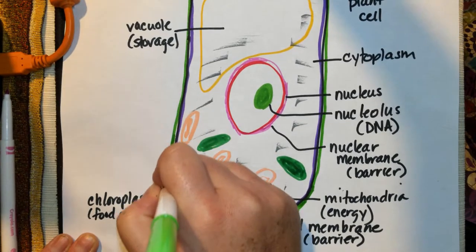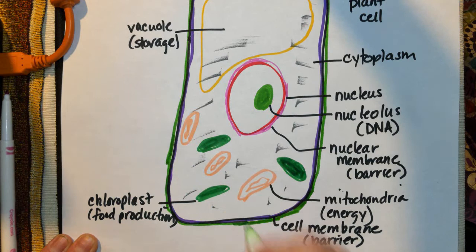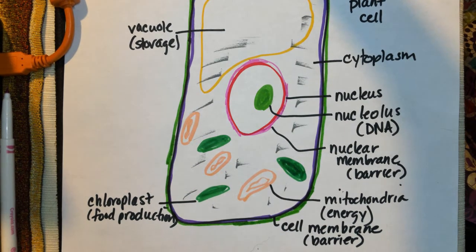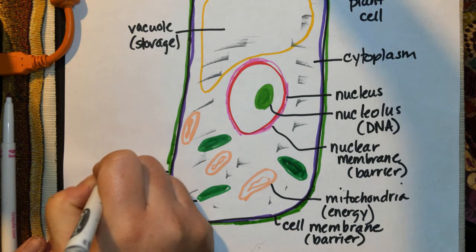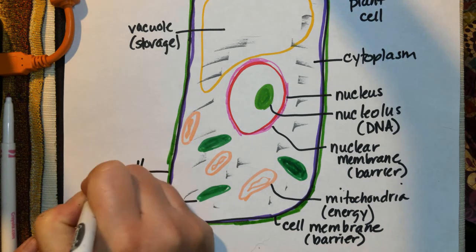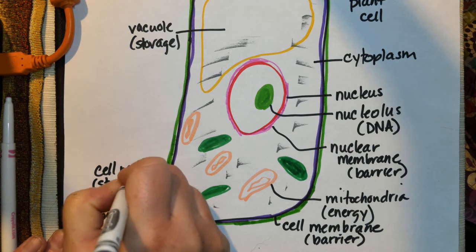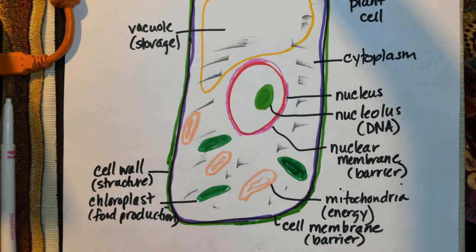And it goes all the way around. And this is, as I said, it provides protection, but it also provides structure. So green, cell wall, structure. It's rigid, so it doesn't allow plant cells to move nearly as readily as animal cells do. Okay, so that's our outside.